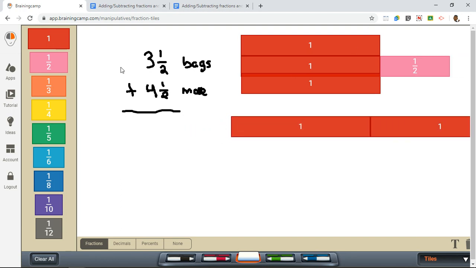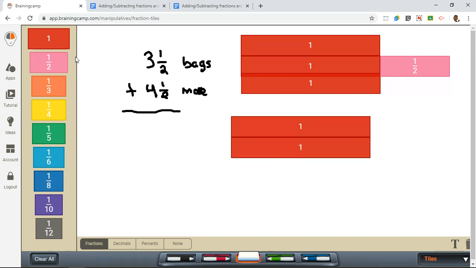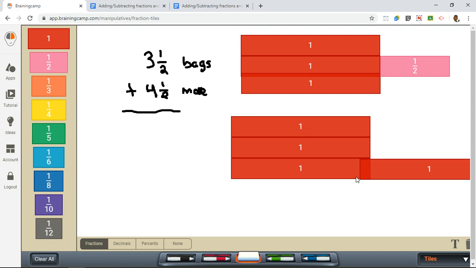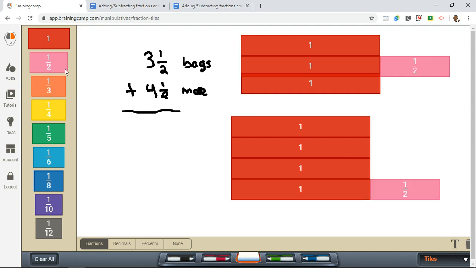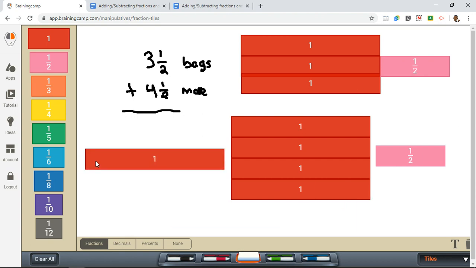So 1, 2, 3, and 4. I got 4.5 more. All right, so right away, what I was saying is you could take the wholes, move them to the side, and work with just the fractions in itself. But in case you didn't know, let me just take this one right here, move it here.